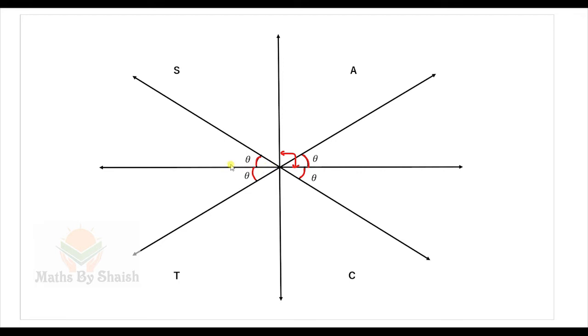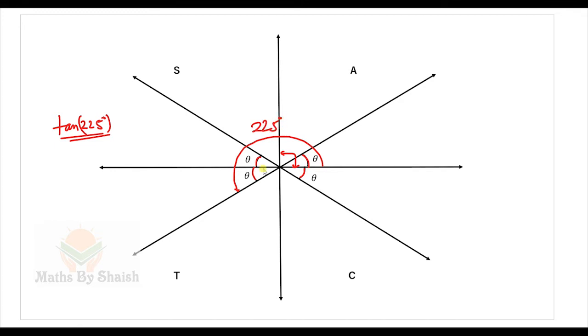So for example, suppose I want to find tan 225 degrees. We know that 225 is more than 180 and less than 270, so it will lie in the third quadrant. Complete angle is 225 degrees, I'll write it here.